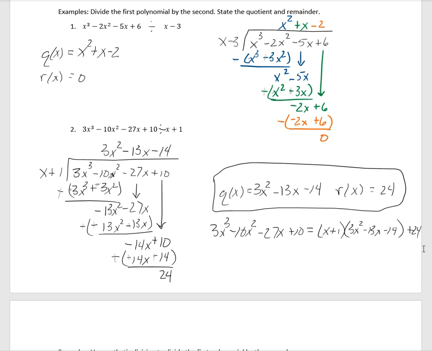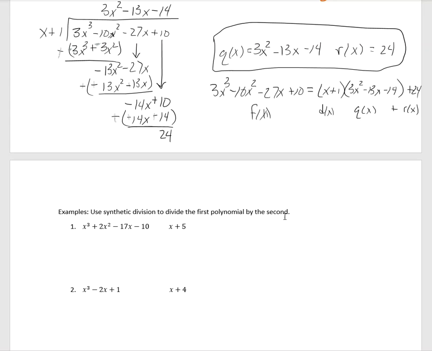All right, so this is our function. This is our divisor, our quotient, and our remainder. Notice our divisor was degree 1, so our remainder has to be a constant.